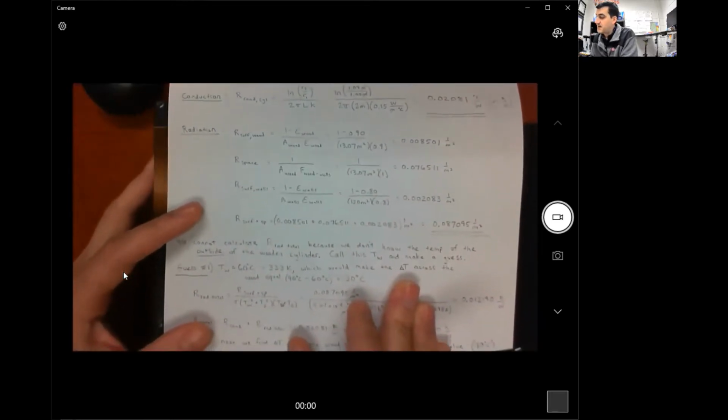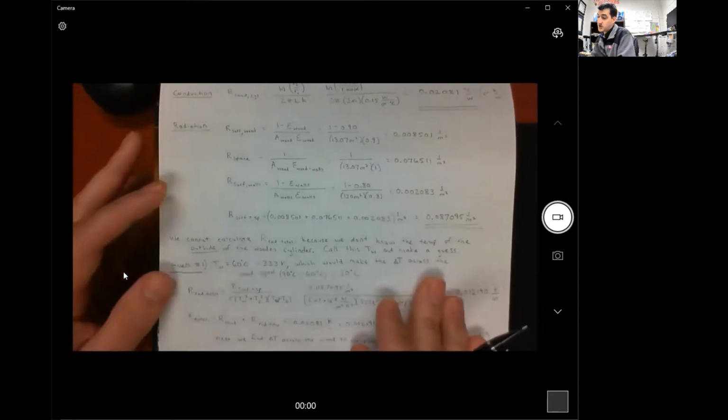So if that's right, this is what we're going to check. If that's right, that would make the temperature difference across the wood of the barrel 30 degrees Celsius. So keep that in mind, and let's proceed with the problem, assuming that T sub W is 333 Kelvin.